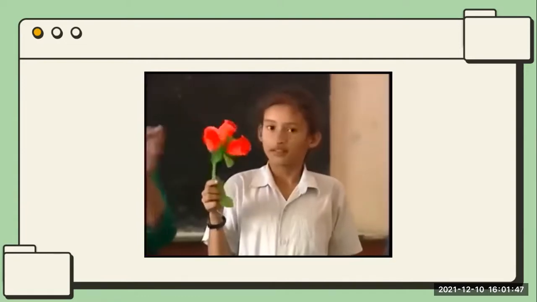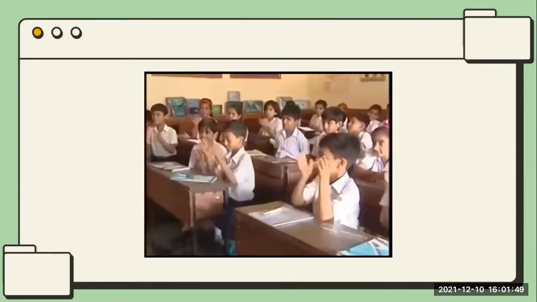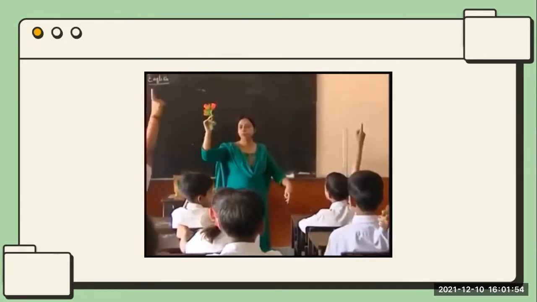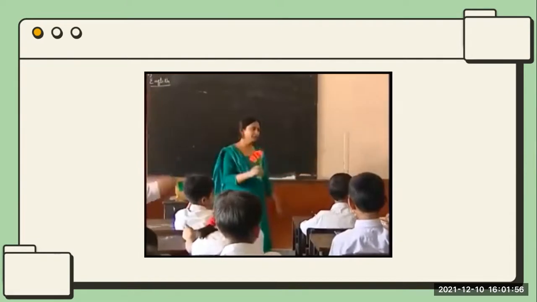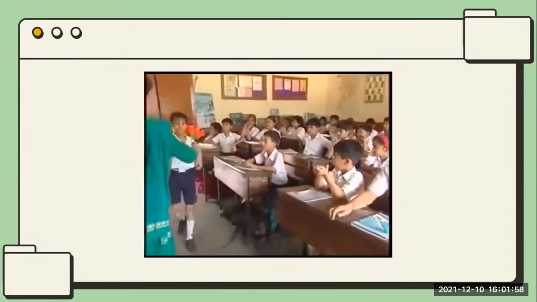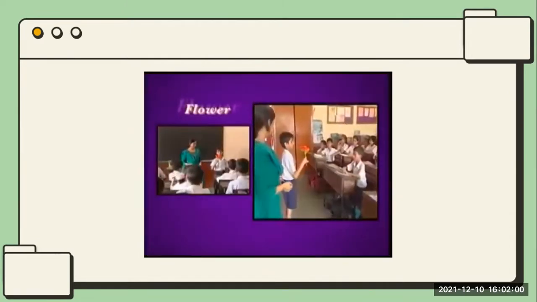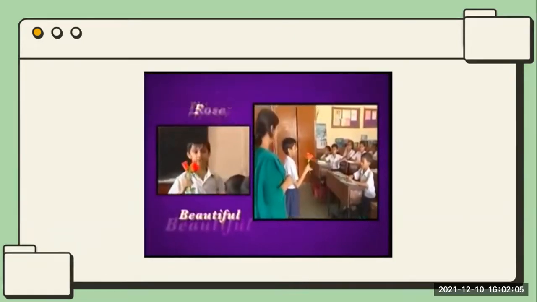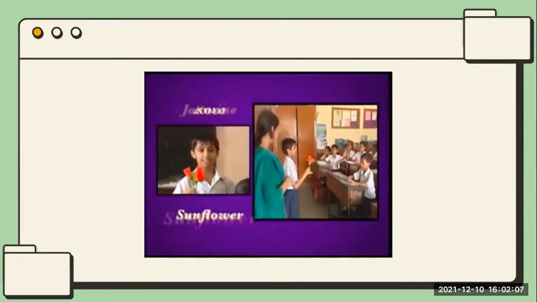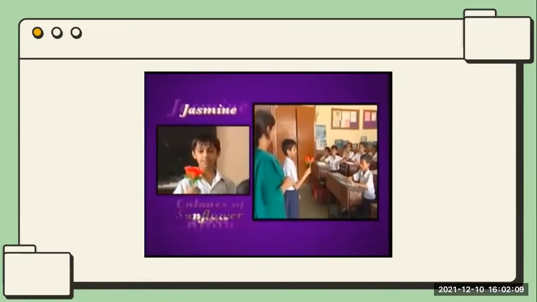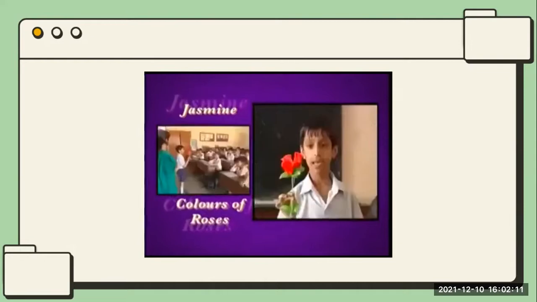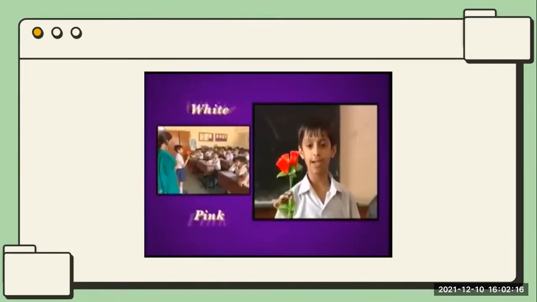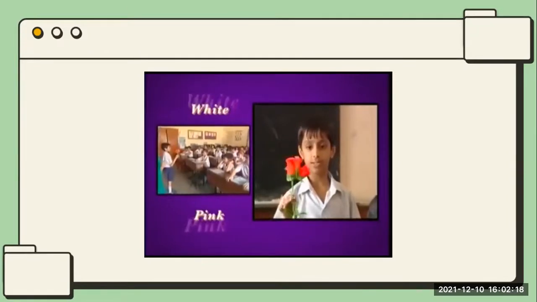Okay, very good. Clap for her. Thank you so much. Anybody else who wants to speak on the flower? Okay, you please come. This is flower. This flower is very beautiful. There are many types of flowers like rose, sunflower, jasmine, etc. There are many colors of roses like orange, pink, white, etc. Very good.